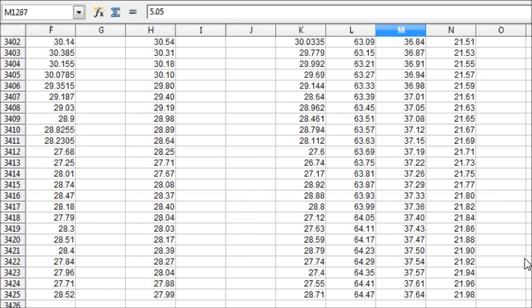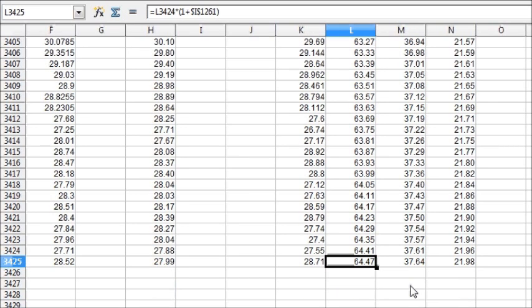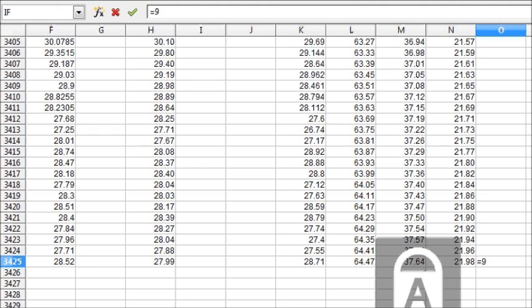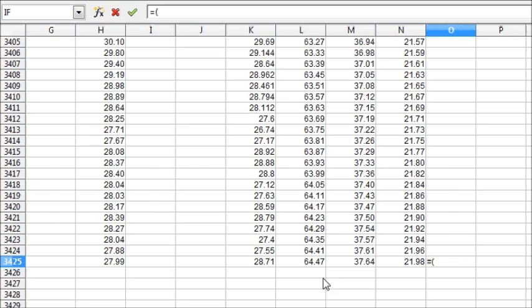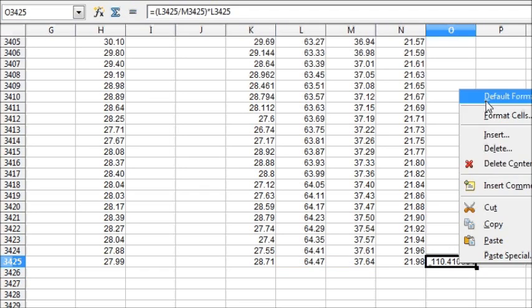And therefore, what this tells us is that 64.47 is where we are at right now. So let's get a level above that. I know for sure that if I take this level divided by this level here and multiply this high, then I'll get the upper number, which is 110.41.